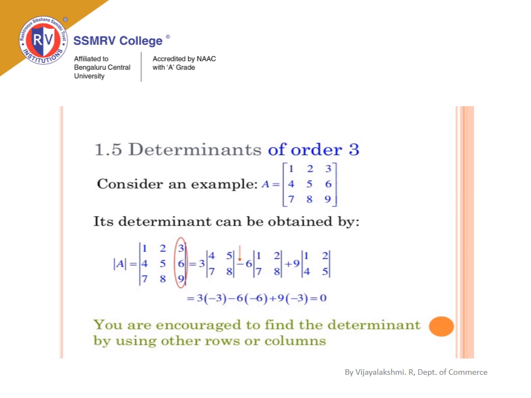The same row, same column items should be ignored. In the same row we have 7, 8, and in the same column we have 3 and 6, which should be ignored. 7, 8, 3, 6 should not be taken, and the remaining numbers are 1, 2, 4, 5, multiplied with 9. If you simplify, finally you are going to get the answer as 0.